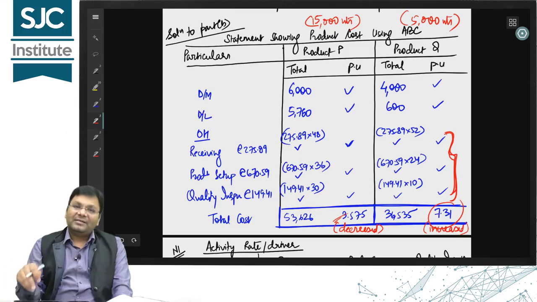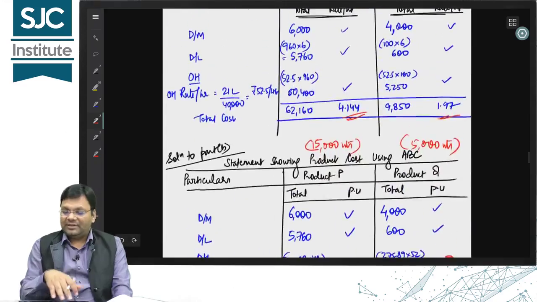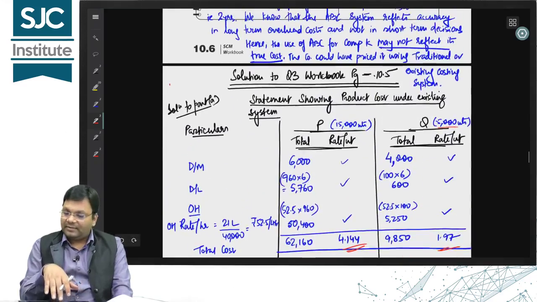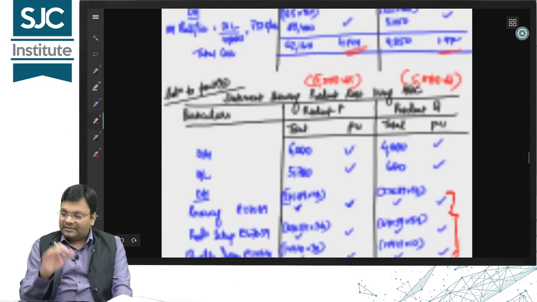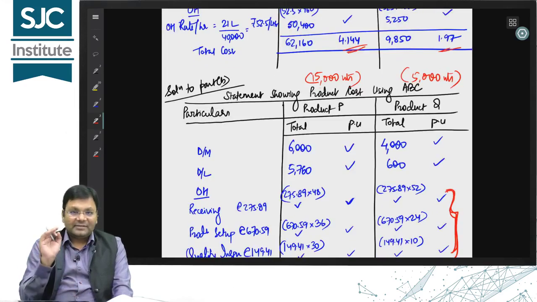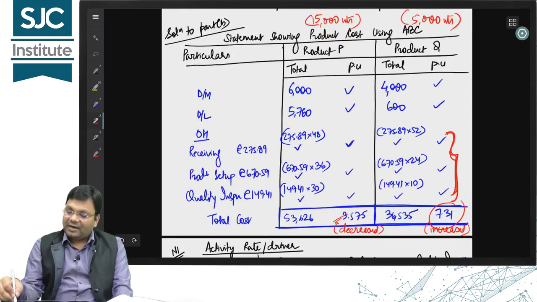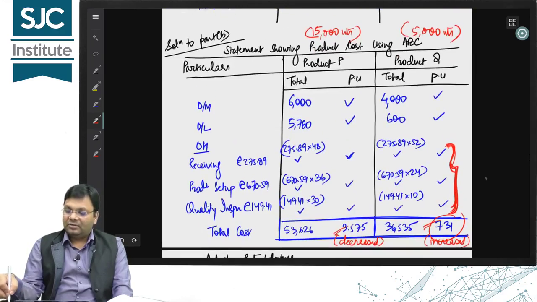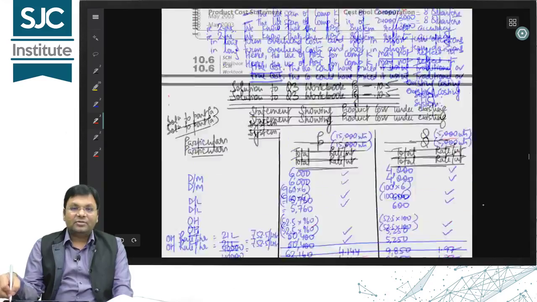So the question may ask how to reduce the activity based cost of product Q. That kind of question is already there in your workbook. You must have studied that already as instructed. But if you have not studied it by chance, then just listen once for the answer.